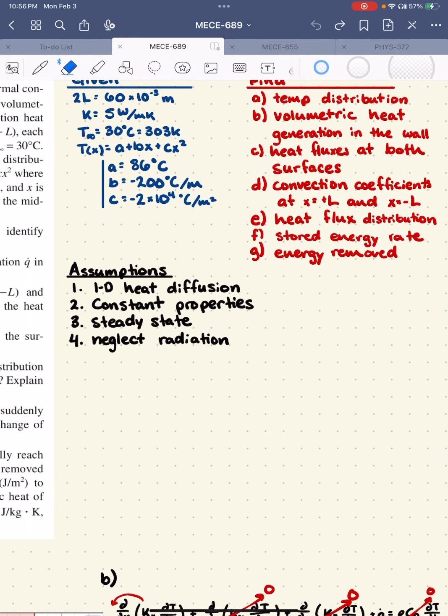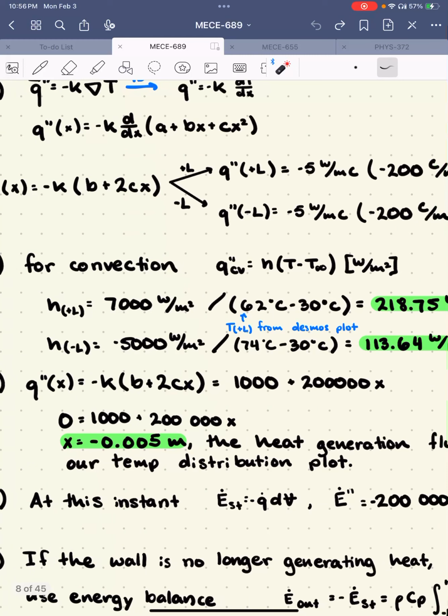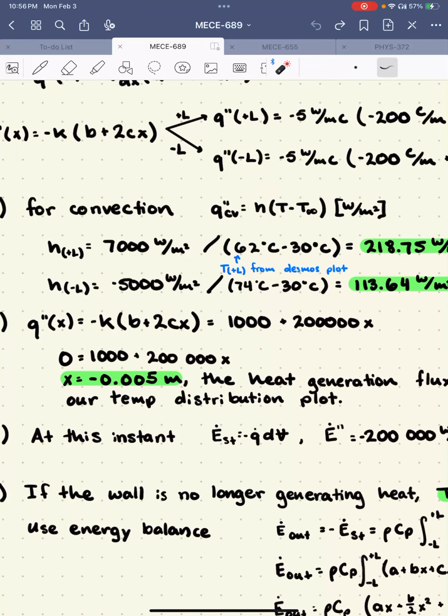Part D, we are looking for convection coefficients at plus L and minus L. So we know that q convection is equal to h delta T. We know what q convection is at the boundary conditions that are solved above, so we know that h at plus L and h at minus L need to be equal to q double prime at plus L and q double prime at minus L, divided by delta T for both of these.